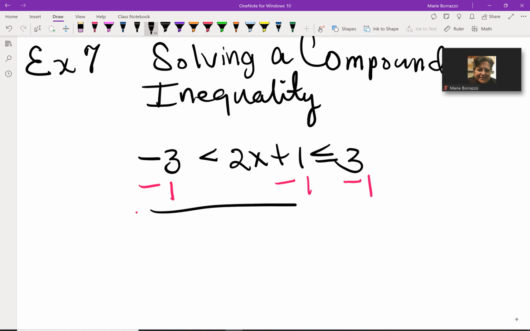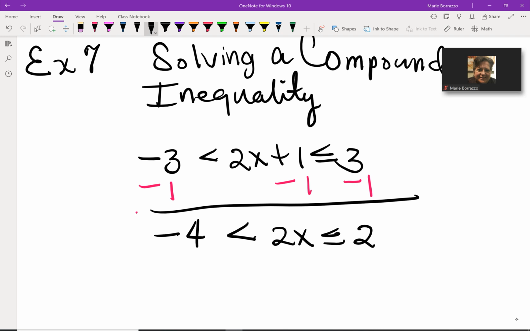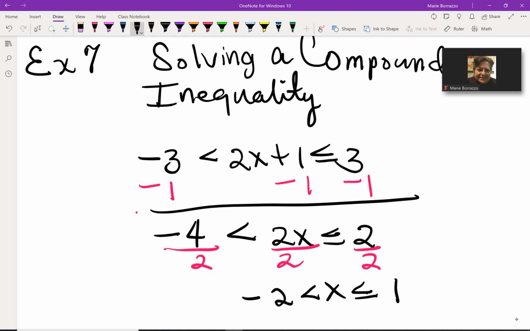And now you're left with −4 < 2x ≤ 2. Obviously, the next step is to divide by 2 since we're solving for x. So this gives us −2 < x ≤ 1.